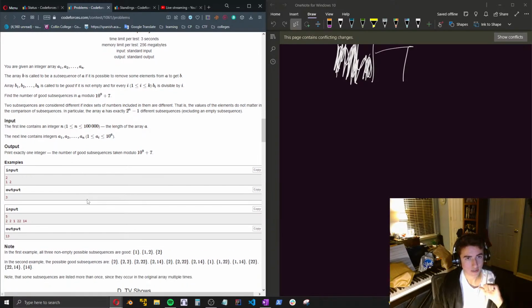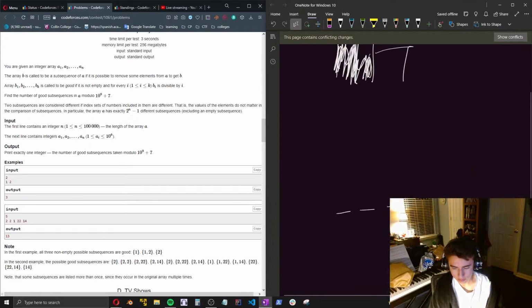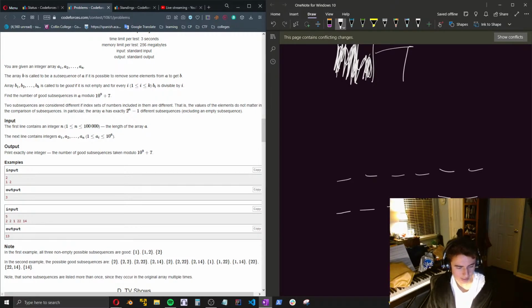Alright, so imagine we had different layers, so for every index we had a layer. This is where the number of ways to end at that index where it's the first one chosen. It's the number of ways where it's the second one chosen, etc.